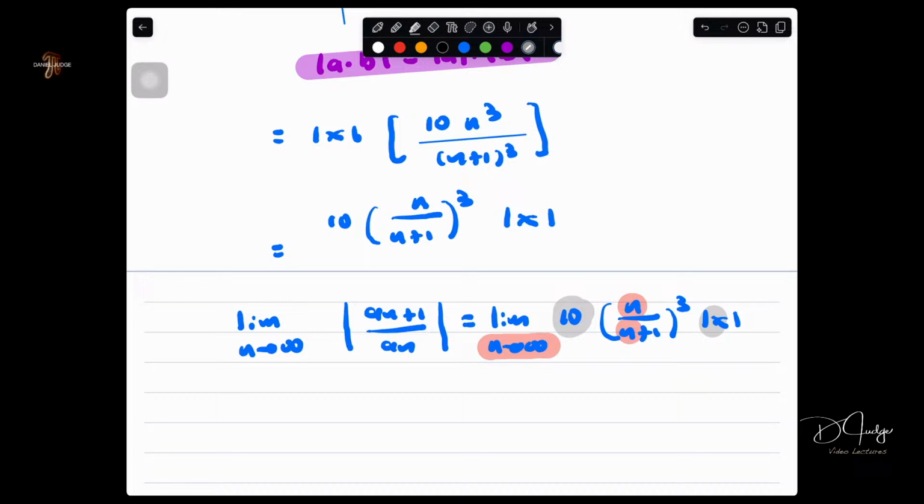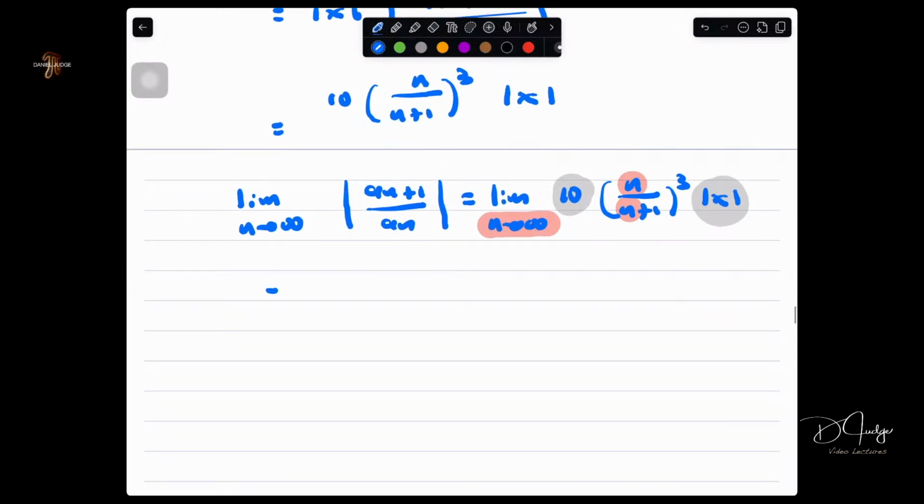The other terms I thought of as constants. So they come out. 10 absolute value of x, the limit as n goes to infinity of n over n plus 1 cubed.